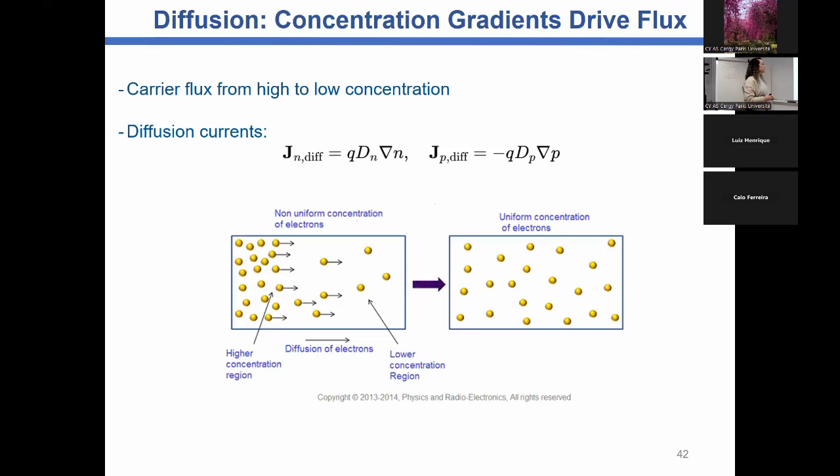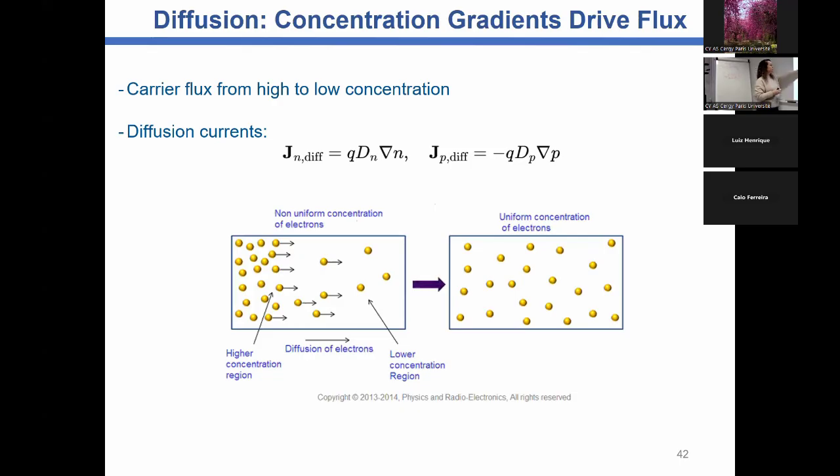And in terms of diffusion, for diffusion to occur, we must have a gradient of something. So diffusion of the carriers will have a gradient of carriers.